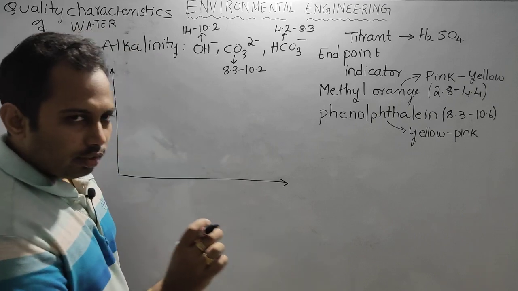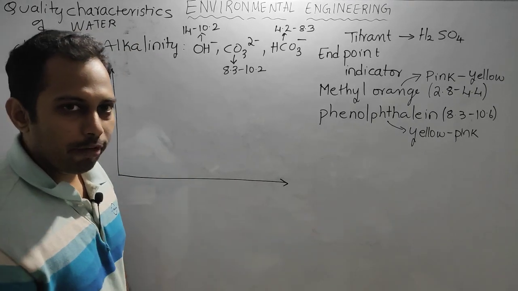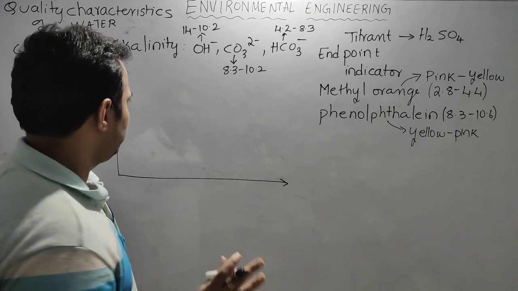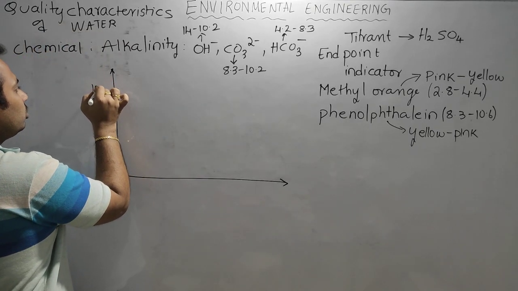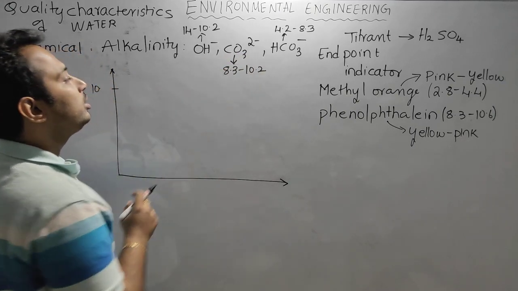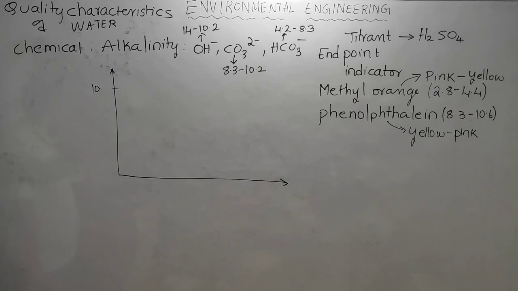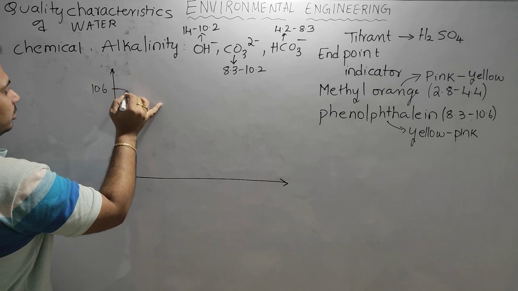At 10.6 I can identify the pH, because this is the range where CO3 is starting. So at some range, 10.6, I found the graph is like this.